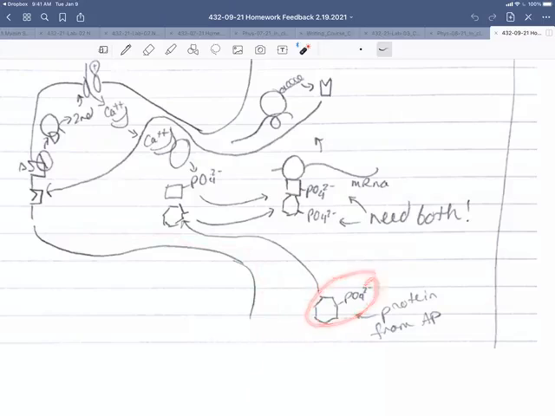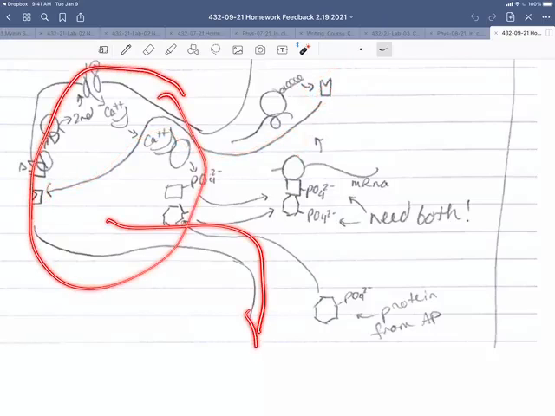This protein is sent back to all of the dendritic spines, but the only one where it makes a difference is here where we also have this protein. So only where we have the two proteins together are we going to get the messenger RNA translated into a protein that strengthens our synapse. So that's a way to strengthen only the synapse that actually caused or was associated with the action potential.